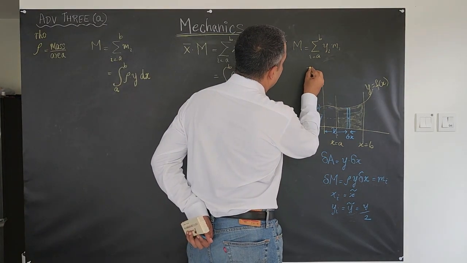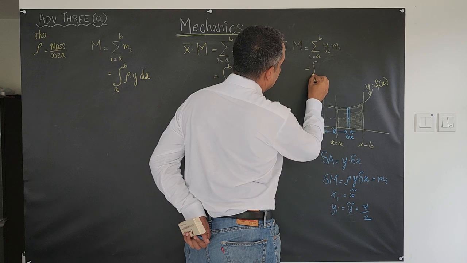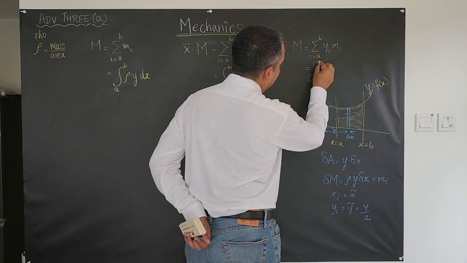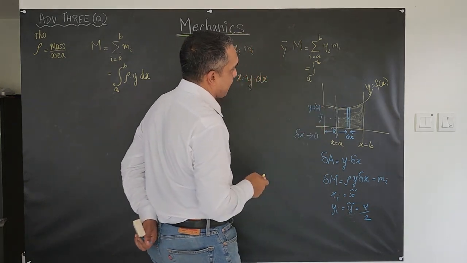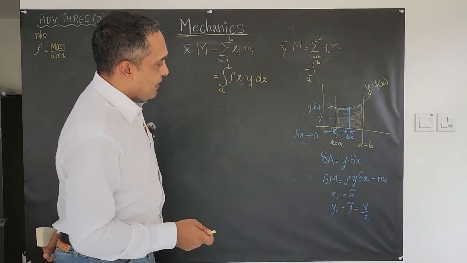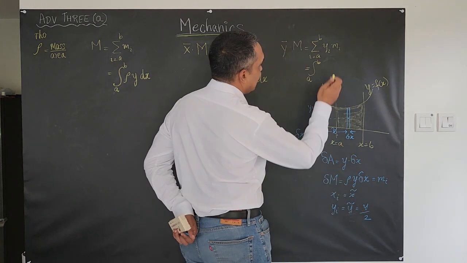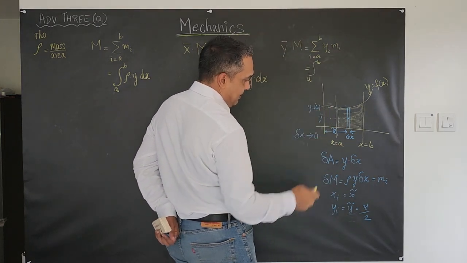And this would now become the integral from a to b. The center of mass y is nothing but y by 2, and then multiply by mass.